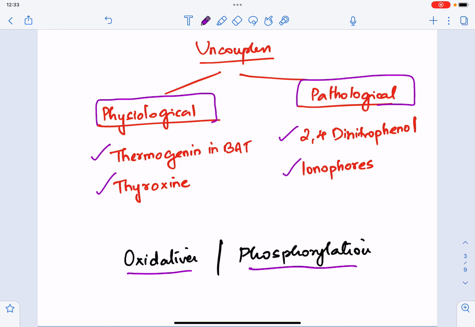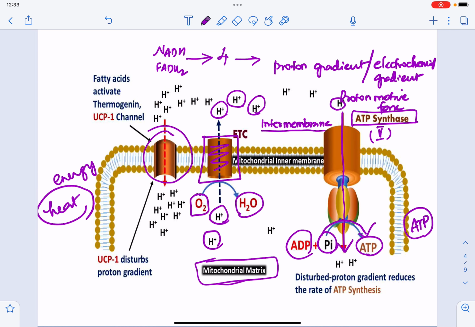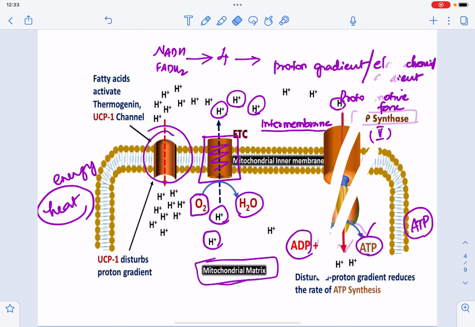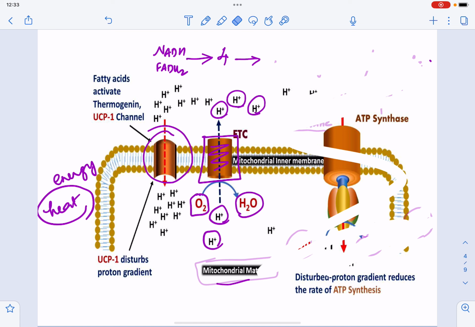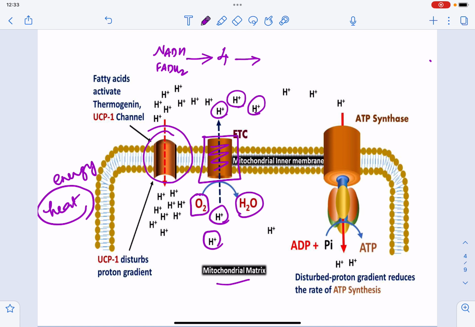Then what is oligomycin? Oligomycin inhibits the ATP synthase complex. How? ATP synthase complex has two components: the FO component, which is embedded in the mitochondrial membrane, and the F1 component, which protrudes into the matrix.